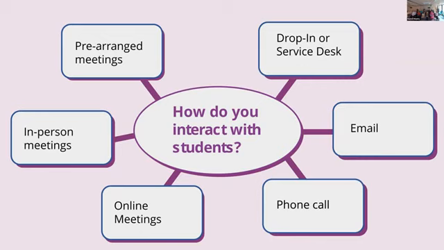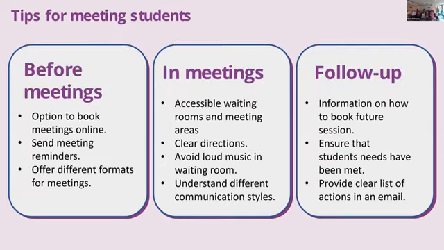Is there anyone else who interacts with students in a way that isn't on the screen, or maybe that's a bit different? I was thinking probably social media would be one, yeah, that I don't have there. But the idea is that these are day-to-day interactions you have that you probably aren't thinking in that situation, how do you become more inclusive to disabled students? So in the booklet, they go into more details, but just for some general tips to give you an idea of what you should be thinking about.